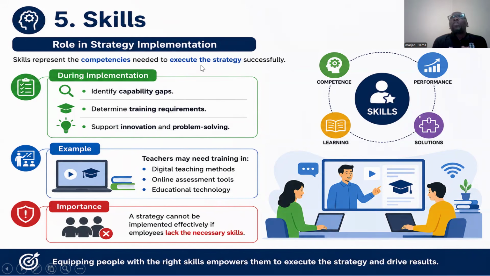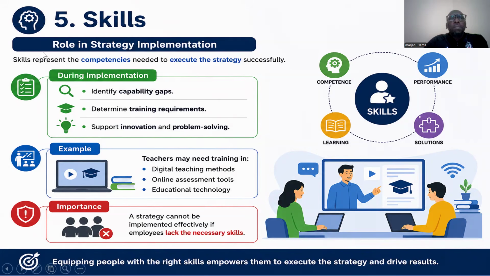Many strategies normally fail. Why? Because you don't have the right people to help you to implement the strategy. So if you want your strategy to be successfully implemented, you need to have people who are qualified. You need to have experts. You need to have people with the right qualifications.